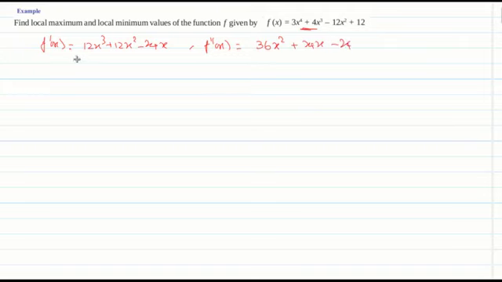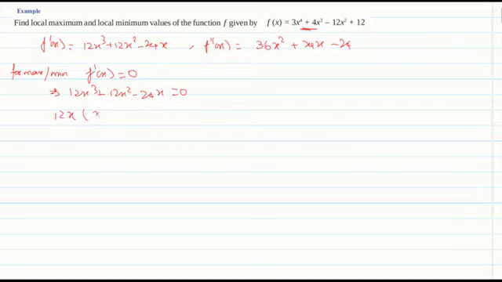Okay, children. So now f dash of x I have to equate to 0 for maxima or minima. So what will I get? 12x cube plus 12x square minus 24x is equal to 0. I take 12 out and x also out. What will I get? x square plus x minus 2 is equal to 0.